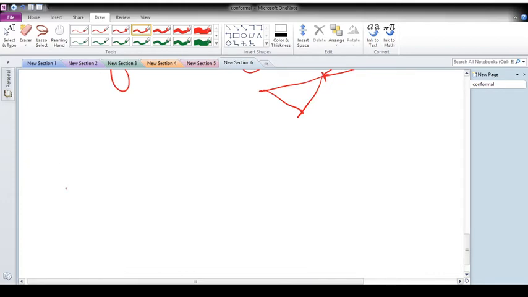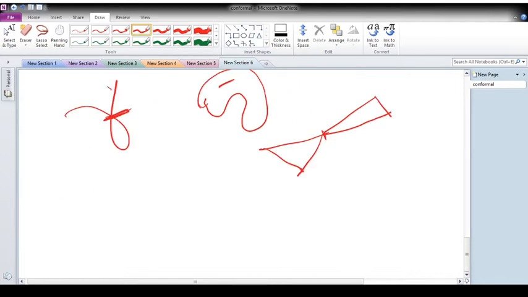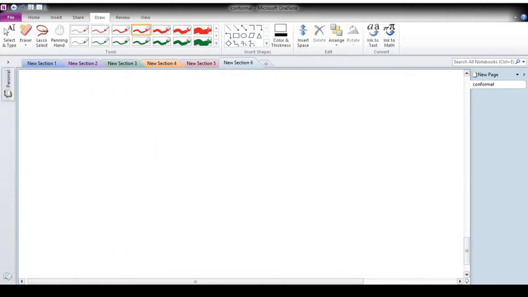In the case of a simple curve, no crossing is possible, such as this crossing. So such a curve is called a simple curve.